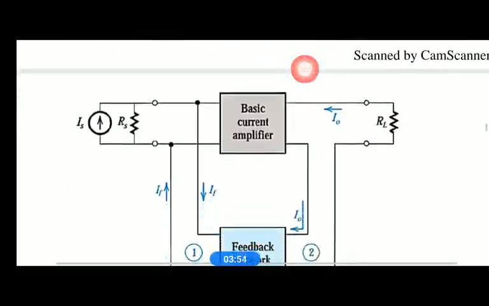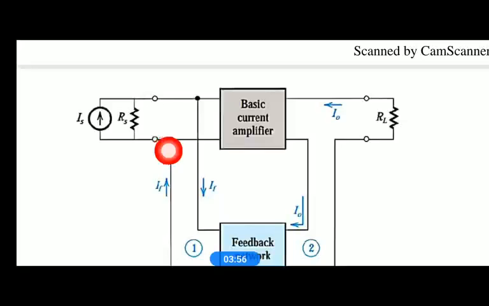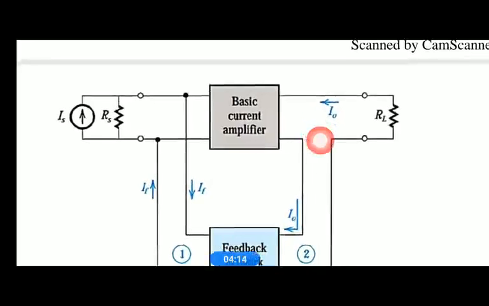One more thing: the input resistance is reduced due to the feedback because of the shunt connection at the input. The output resistance is increased because of the series connection at the output. I told you that if there is a series connection the resistance increases, and if there is a shunt connection the resistance at that point decreases.